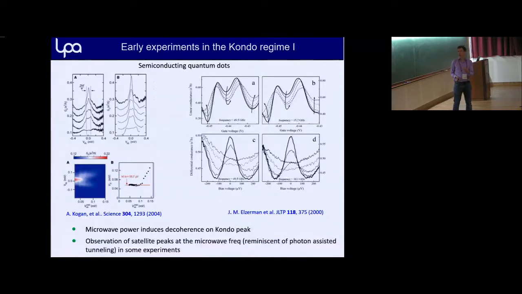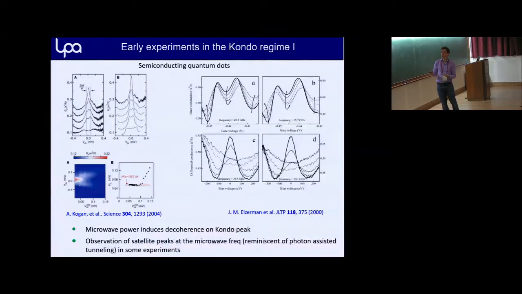This is also reminiscent of photon-assisted tunneling. But here, since you have some interplay between decoherence of this many-body state and the photon-assisted tunneling phenomenon, you see only two satellite peaks. So this was more observed here.